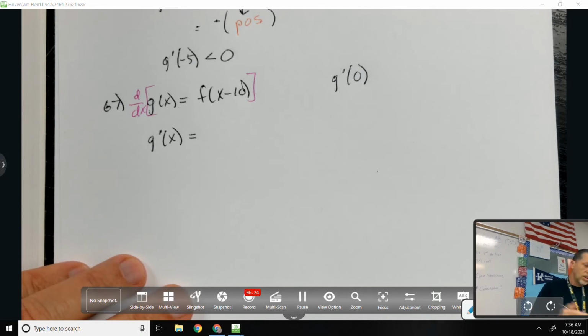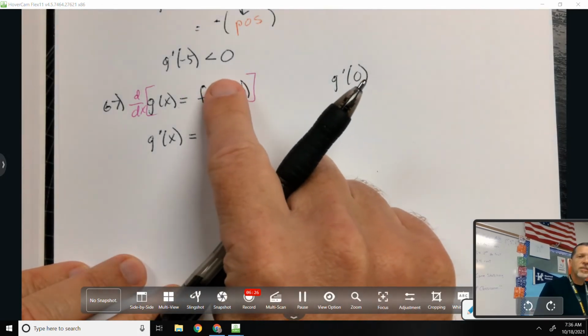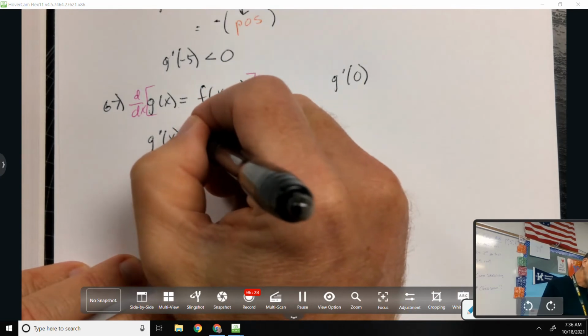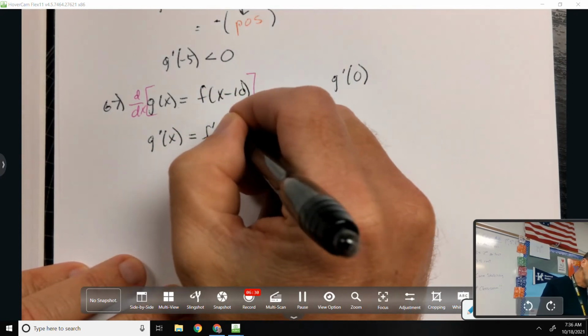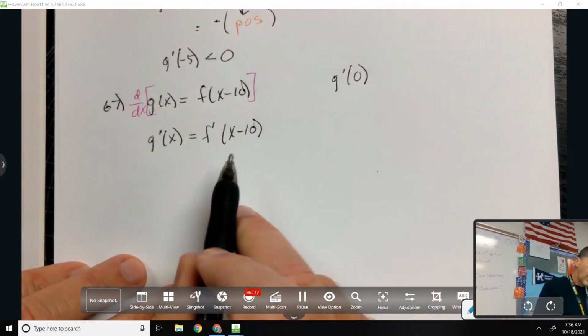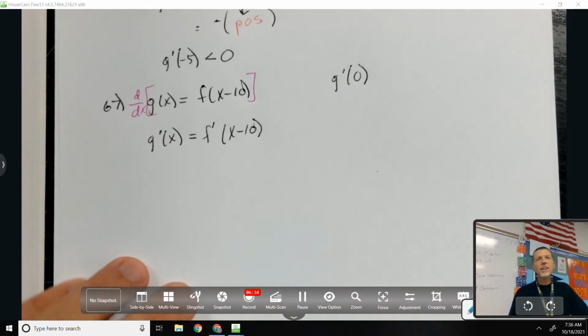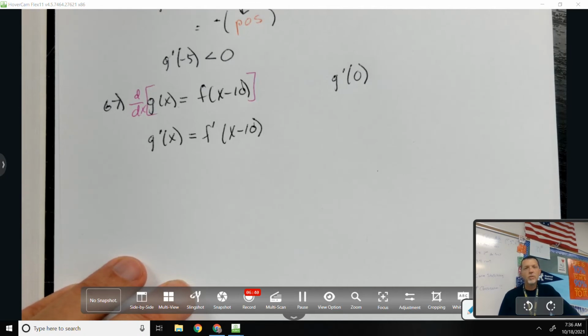Chain rule. So outside in, the first layer is f. Derivative of f is f prime. Don't change the inside. And then what's the derivative of x minus 10? 1. So if we forgot the chain rule, we'd still be okay, since the result was 1.